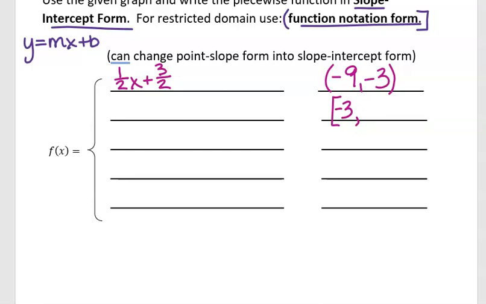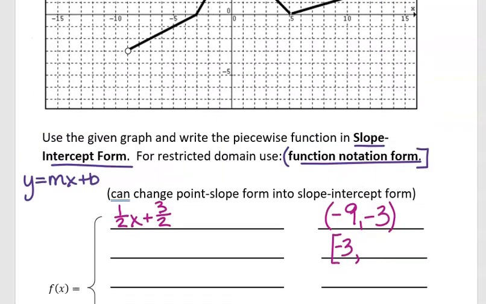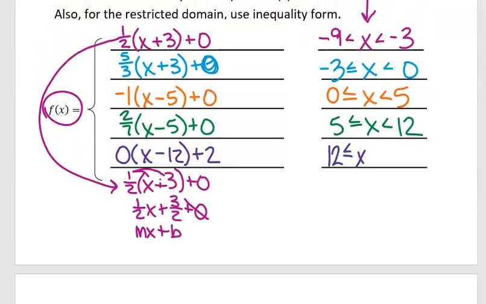So let's try one more, and then I'm going to let you try some on your own. We'll do the blue one next. For the blue one, if I distribute the 5/3, I end up with 5/3 x plus, I've got 5 times 3, which is 15, and 15 divided by 3 is 5. I also have this plus 0 at the end, and I'm sorry, I'm using different blues. If you notice that and it bothers you, I'm so sorry. It would bother me too.